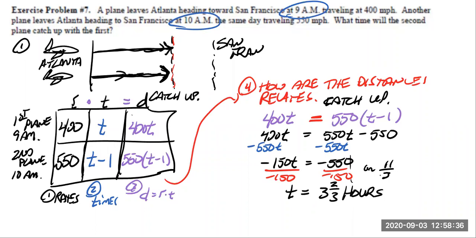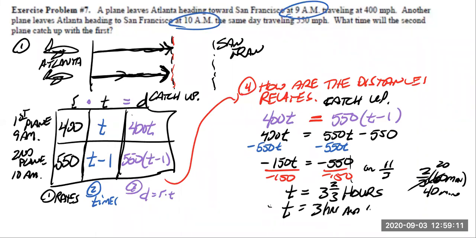Now we have to be careful. What this represents when we answer our question is not the actual answer. So 3 2/3 hours. Well, 2/3 hours, we could change to minutes: 2/3 times 60 minutes. The 3 cancels with the 60, leaving a 20. This would be 40 minutes. So we could say t equals 3 hours and 40 minutes.